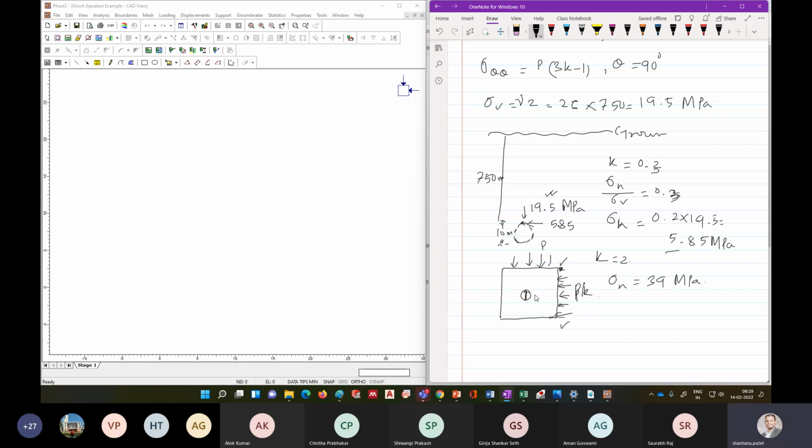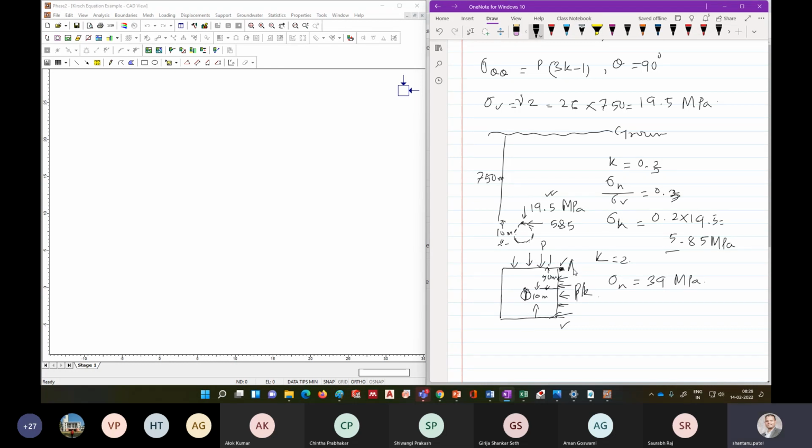Because let's say this is 10 meters, and this can be like 50 meters, right? So what will be the stresses here? Will it be more than this vertical stress which is at the top of this tunnel, or is it less?